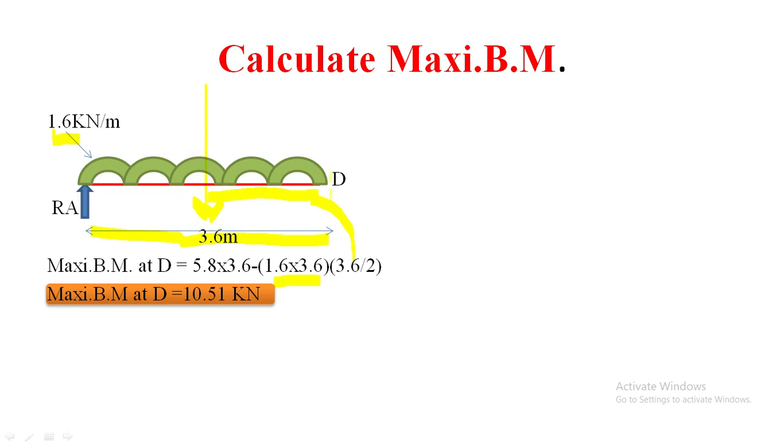For considering distance, we want the distance from the point load to D. The total distance is 3.6, so divide 3.6 by 2, which means half, because this point load is always at the center of the UDL. So 3.6 divided by 2, and after calculating this, the answer is 10.51.